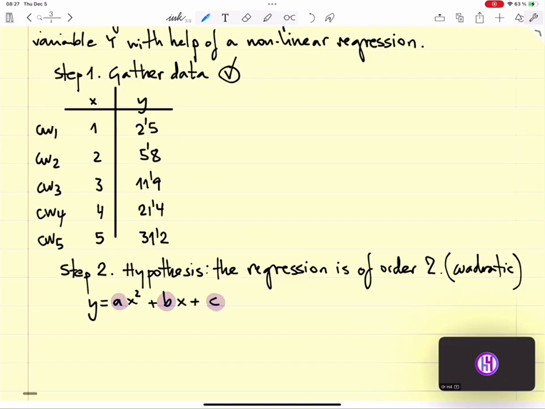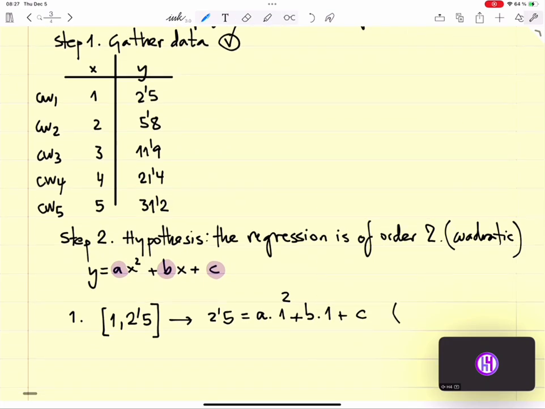So if we put the point 1, which is 1, 2.5, into the equation above, I get y, 2.5 equals a times 1 squared plus b times 1 plus c. This gives us the first equation. Second is 2, 5.8.